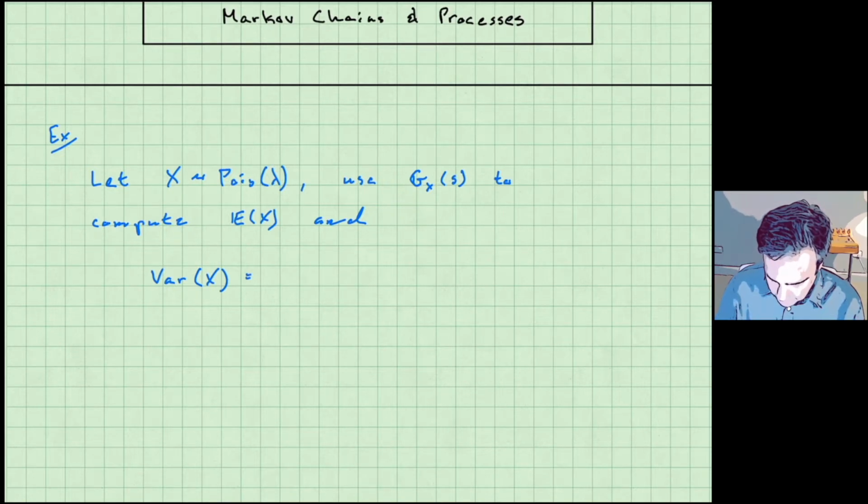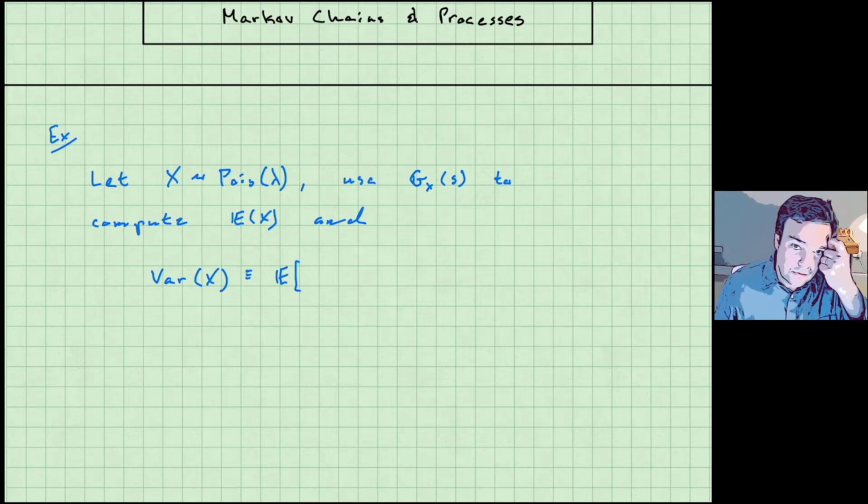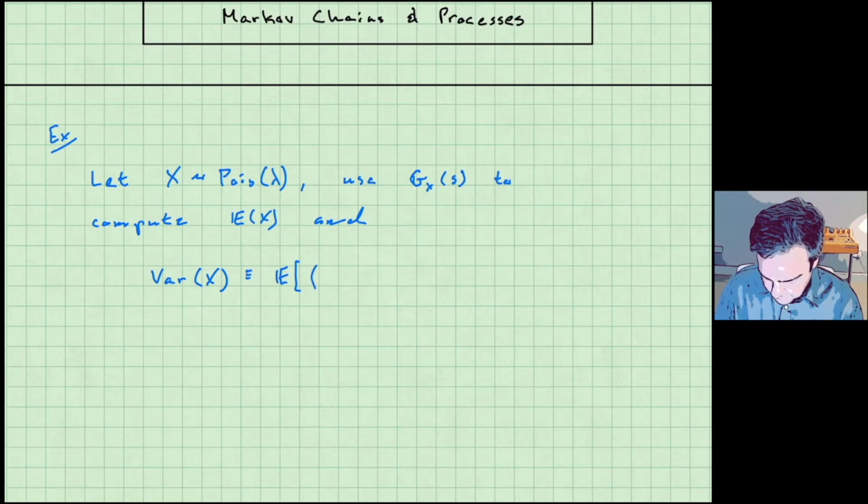I guess the defining form is to say that it's the expected value of the difference between the random variable and its expected value squared. So we'll say the expected value of the quantity x minus the expected value of x, squared.